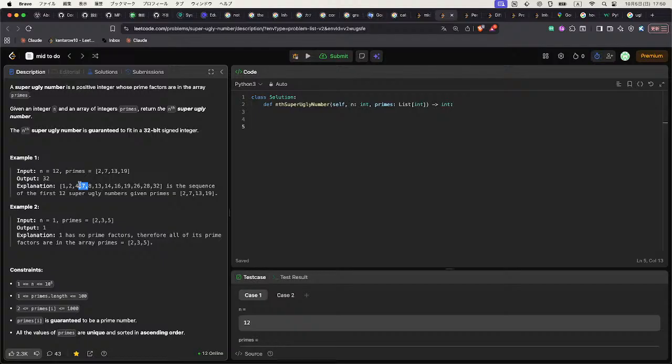We consume 7. For 7, the next value is 2, so we get 14. The candidates are 8, 14, 13, 19.